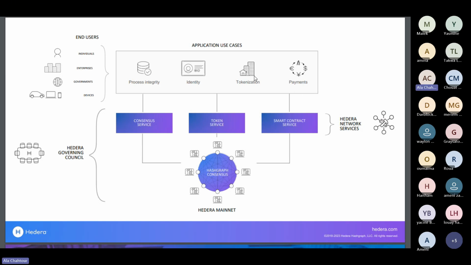And who uses those services or applications? The end users: individuals, enterprises, governments, and also IoT devices. That's the whole ecosystem of Hedera and how we link all the parts.